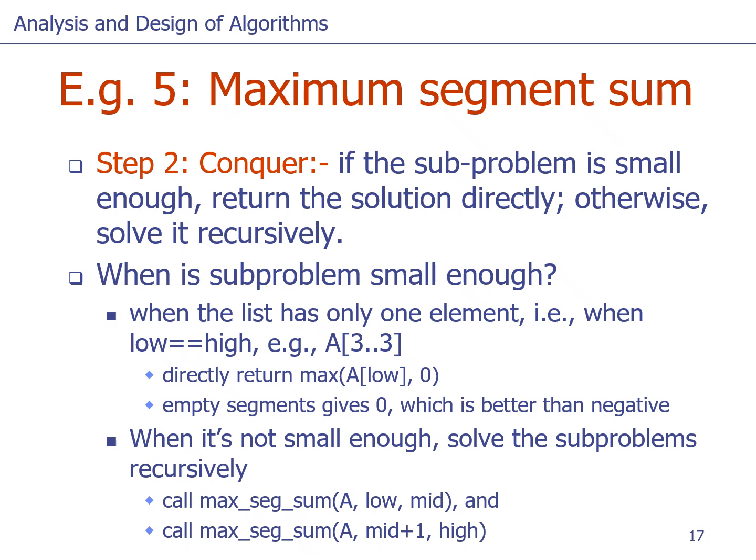So if I have an array of 100 numbers, I will call this function with the left half from 0 to 49, and I will call this same function again, max seg sum, for the same array from location 50 to location 99.